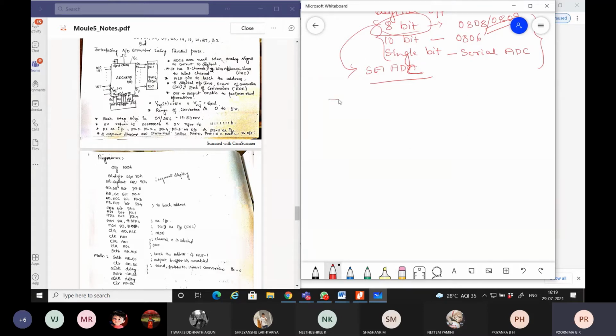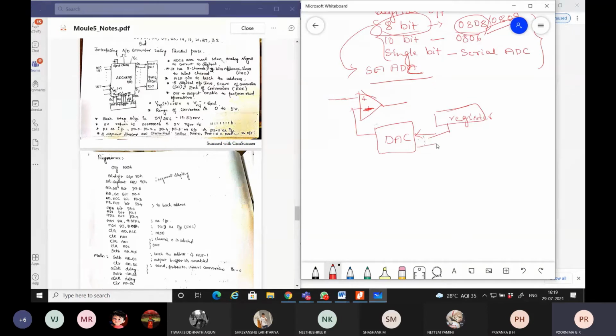You can see this 0808 as an IC, but inside, the internal structure will be a comparator. The comparator has been designed with an op-amp, with a positive and a negative input. This op-amp will get another input from a digital to analog converter, but the input for this digital to analog converter will be derived from a register, and this register will be a successive approximation register.